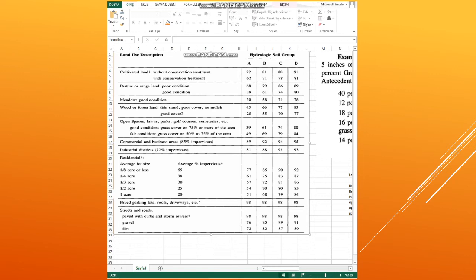It's open spaces in fair condition. Group B is 69, group C is 79.